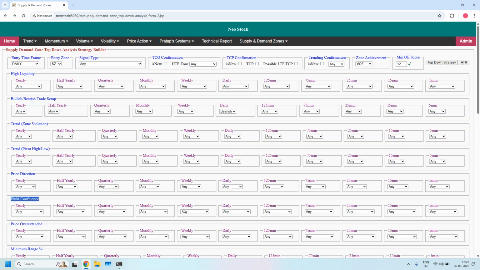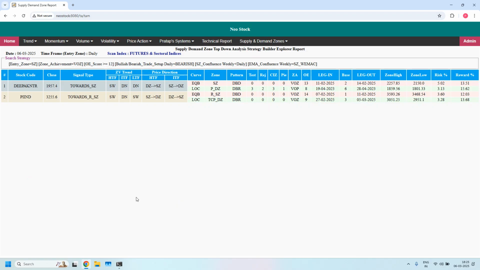The EMA confluence at weekly time frame, I am setting the filter. Weekly supply zone having weekly EMA confluence or not. We got 2 stocks. So for these 2 stocks, the ITF trend is a downtrend, the weekly and daily zones are overlapped, and also the weekly zone has weekly EMA confluence.